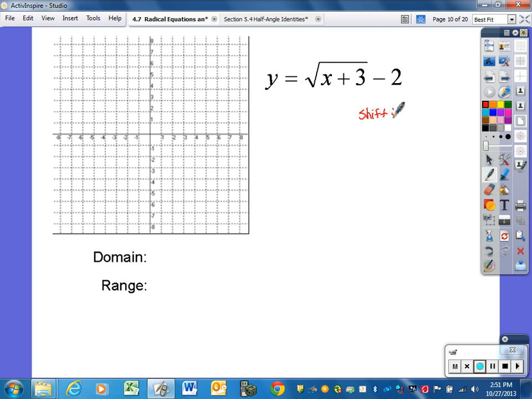My shift or transformation: left 3, down 2. For my parent function, 0, 0, 1, 1, 4, 2. From 0, 0, left 3, down 2, I get my new origin, and the points 0, 0, 1, 1, 4, 2 shift with it.